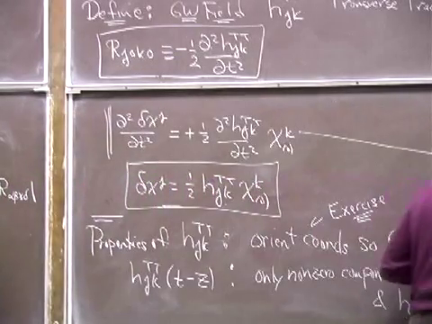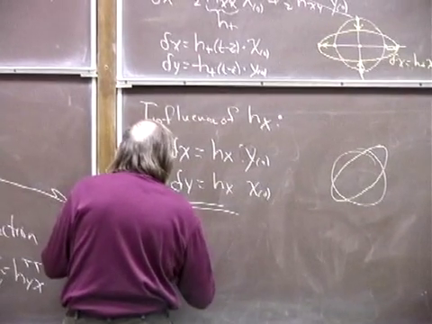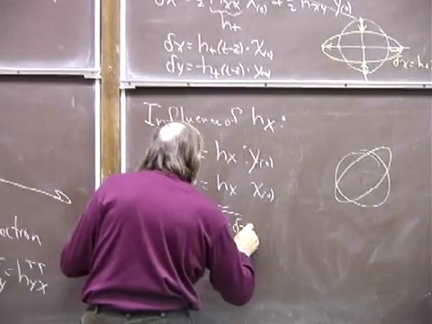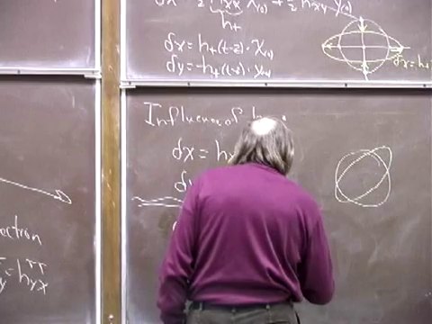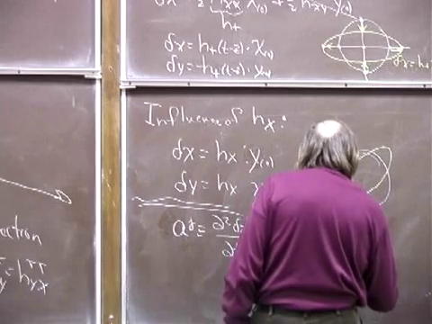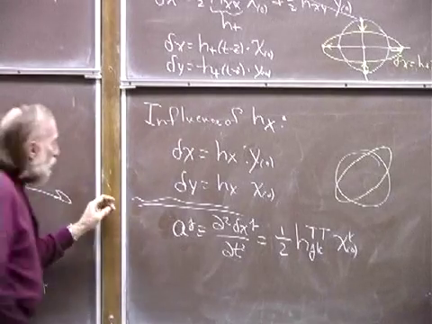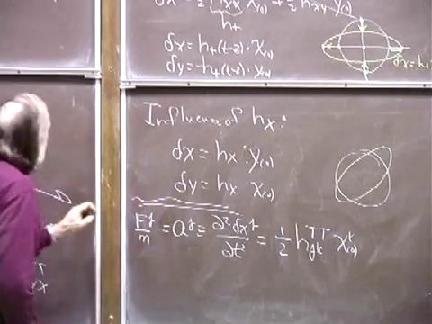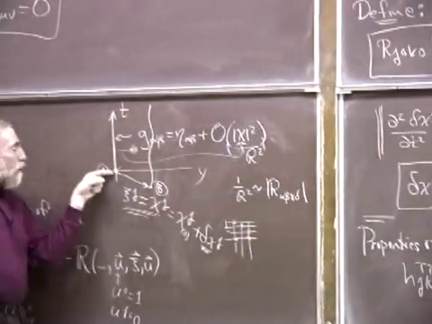So that equation says that the acceleration of particle B, that is the second time derivative of the position of particle B, is equal to 1/2 h_jk,tt times the unperturbed position of particle B. And that acceleration, of course, can be thought of as the gravitational wave force per unit mass that acts on particle B when you think about the physics from the point of view of the local Lorentz frame of particle A.